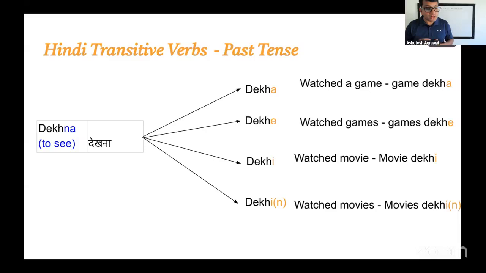So what is being watched or who is being watched, that's determining how the verb is getting conjugated. So if she drank water, she'll say maine pani piya. If I drank smoothie, pi. Okay. This is a tricky one, so we should spend some time on it, but I'll take a pause here just to see what immediate questions come to you guys.